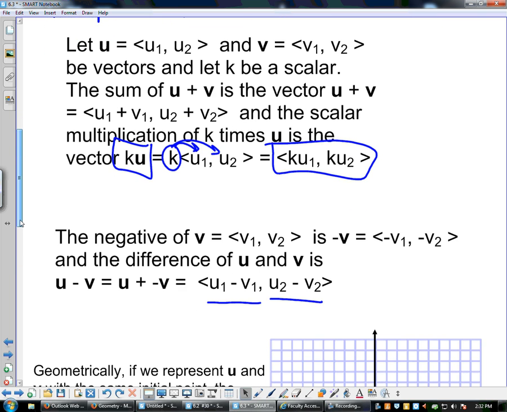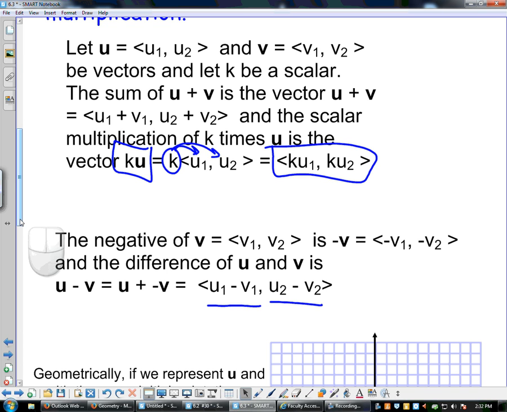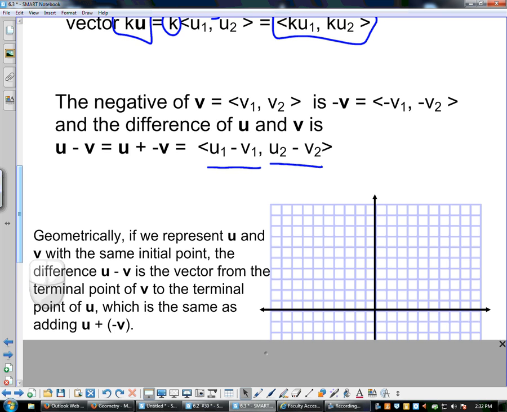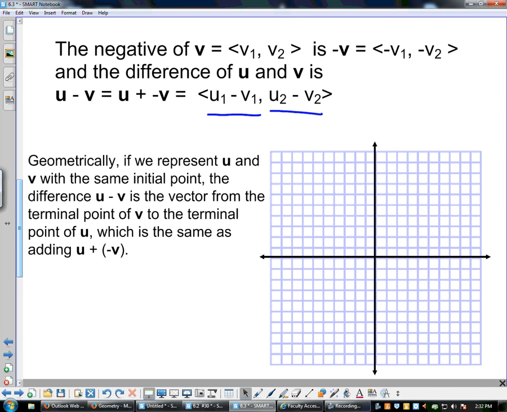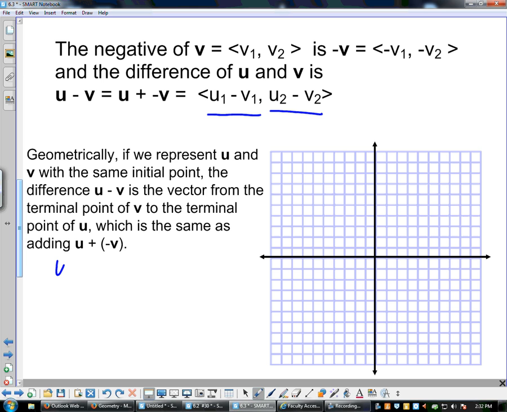Okay, so we did the u plus v so far, right? We did part A. We didn't do parts B or C. So if we're going to do u minus v on our given vectors, what was u?